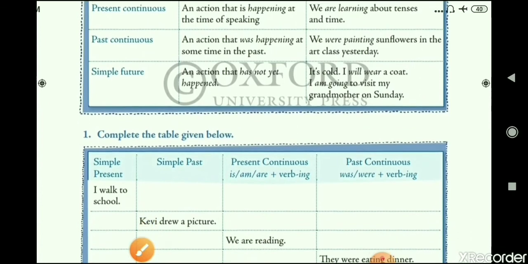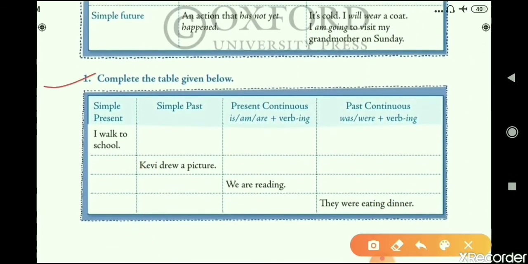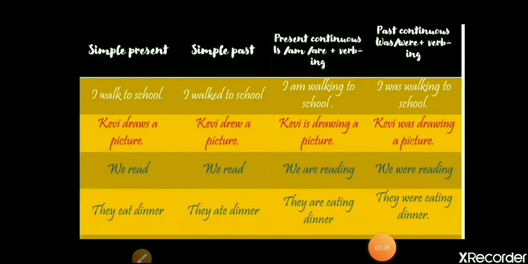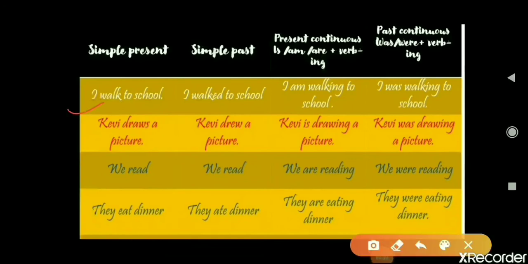Now let's complete this exercise. Complete the table given below. Here you can see few sentences are given and the remaining we have to complete. Okay. First one is I walk to school, simple present. Then simple past, I walked to school. Here walk and here the form is walked. Now present continuous.